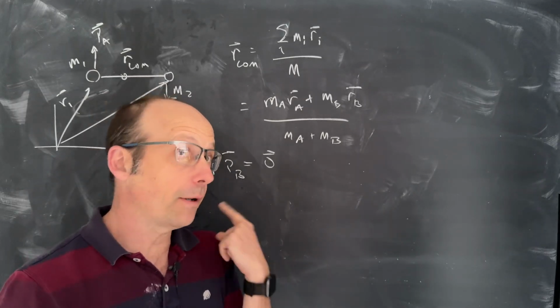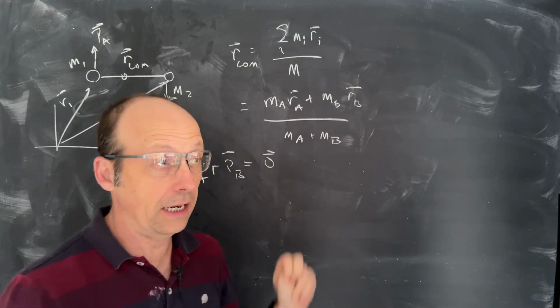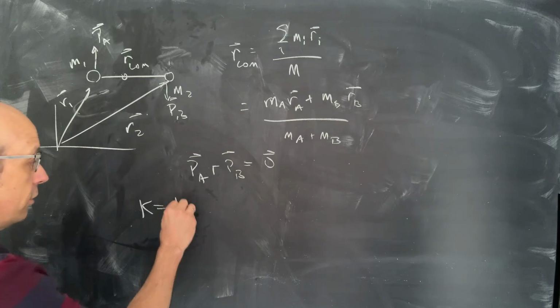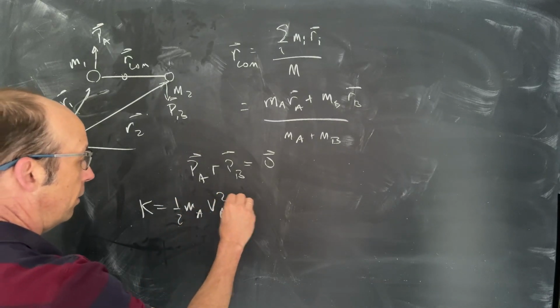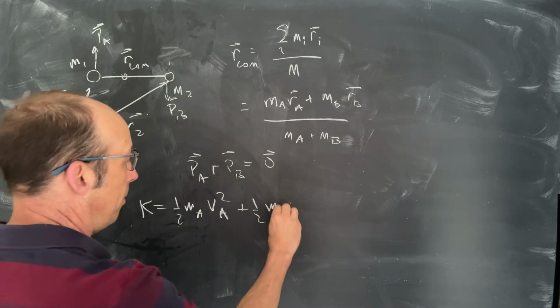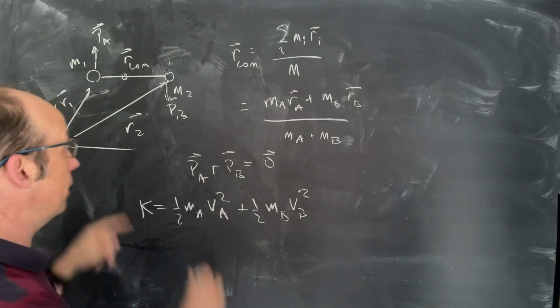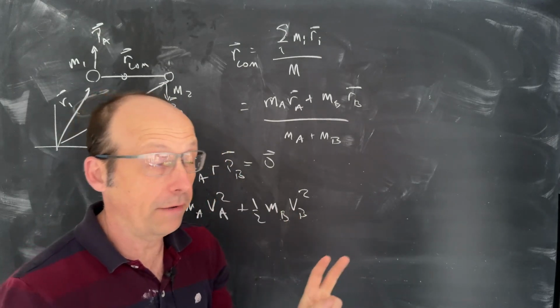Now, finally, I'm going to tell you the last thing I want to do. I want to calculate the kinetic energy two different ways. So first, I can say the kinetic energy is 1/2 ma va squared plus 1/2 mb vb squared. That's just the kinetic energy formula, right? Both of the masses have velocity, both of them have mass, both of them have kinetic energy.